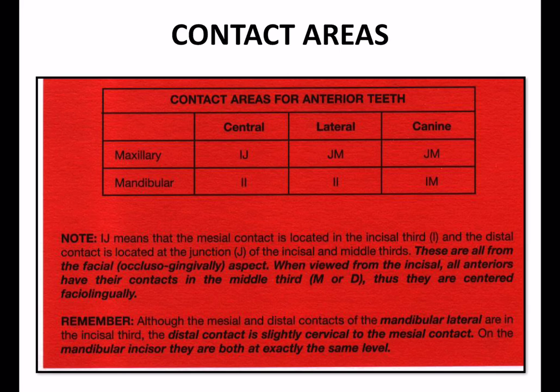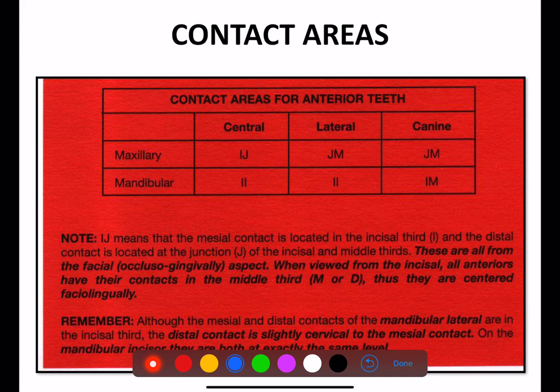So moving on to the contact areas of all these teeth. Contact areas for anterior teeth are different. Here they are denoted with two-letter codes, like IJ, JM, II and IM. The first letter denotes the mesial contact area, and the second letter denotes the distal contact area.